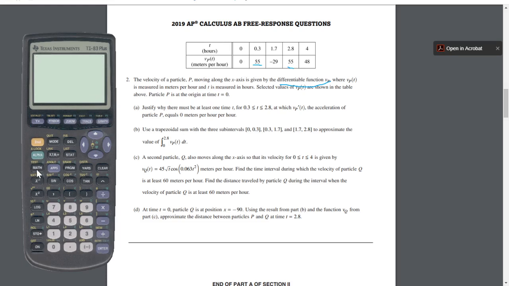All right, let's try the other one. Quit. Math. fnInt, 45 square root of x, cosine of 0.063 x squared. All my parentheses are closed, comma x, comma 0, comma 2.8.